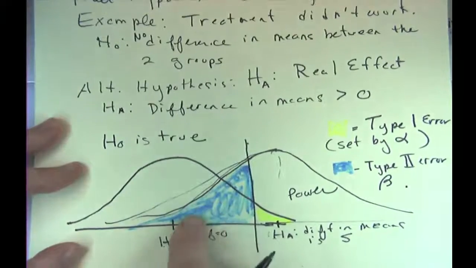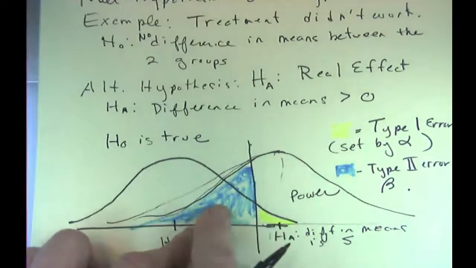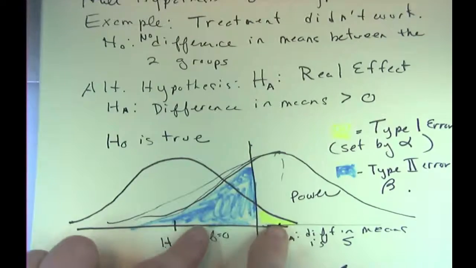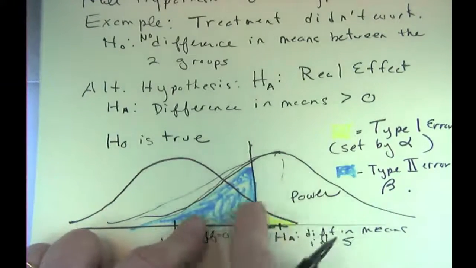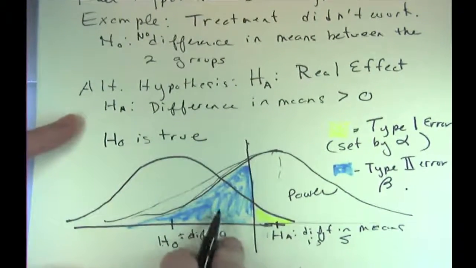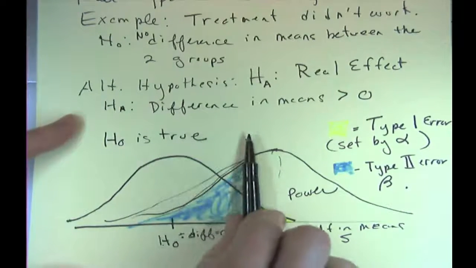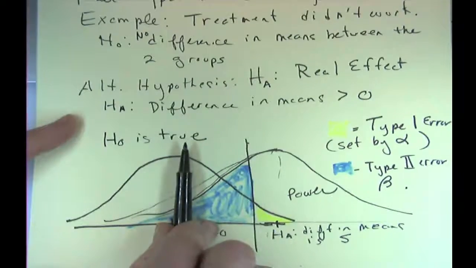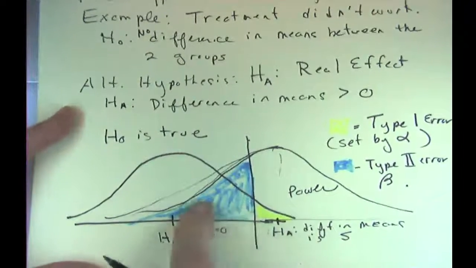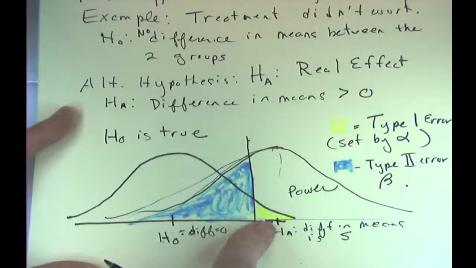Now, of course, this looks quite large, and we'd like both of them smaller. Well, if we want the type 2 error smaller, it's a trade-off. We're going to have to move our cutoff to here, and then the other one's going to get bigger. So we want both of them smaller.